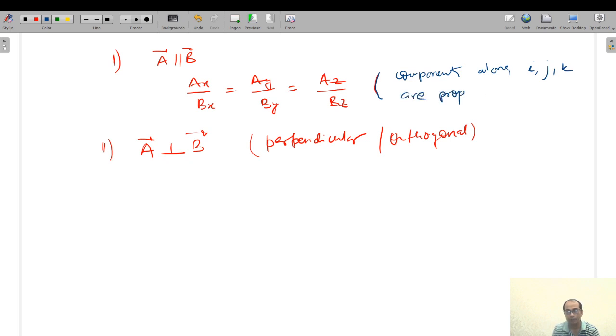Proportional. तो हम कह सकते हैं कि वेक्टर्स आर पैरेलल, ओके.